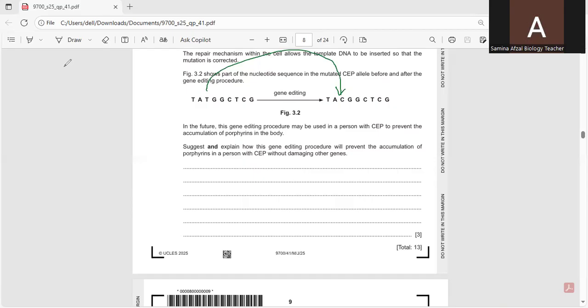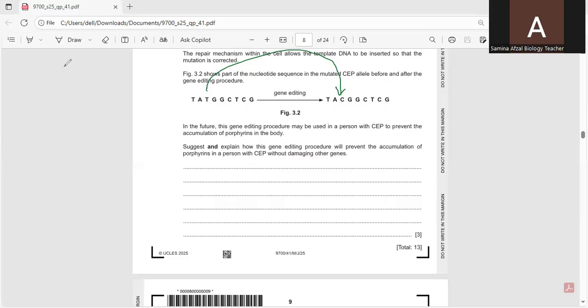So I would go with the answer of this question. You can say the gene editing procedure prevents the accumulation of porphyrins in this person. It is used to correct the underlying genetic defect, restoring the proper function of the enzyme.